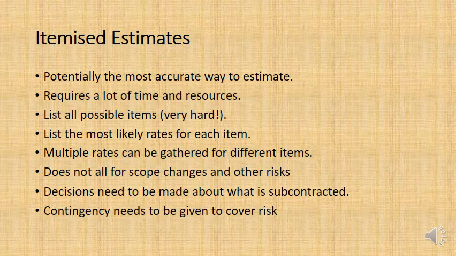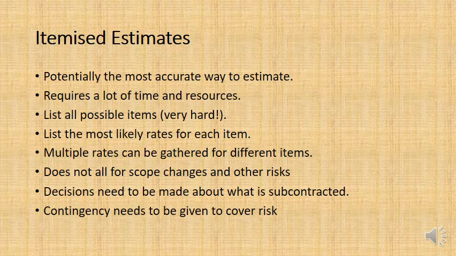So I now want to talk to you about the final method of estimating, and this is probably what most of you are familiar with when you think of estimating, and this is basically called, what I'm going to call anyway, itemized estimates.